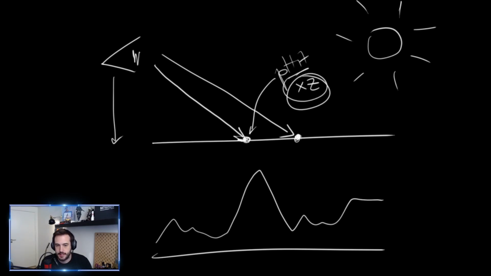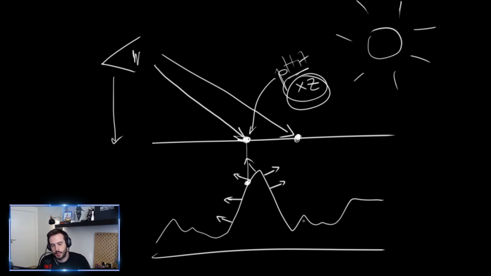We take those X and Z coordinates, and then we sample the texture itself to get the height at that point. So we go down, get this height over here, and based on that, we create these normals. We create a bunch of normals so we can fake the light. So that's what we got with bump mapping.